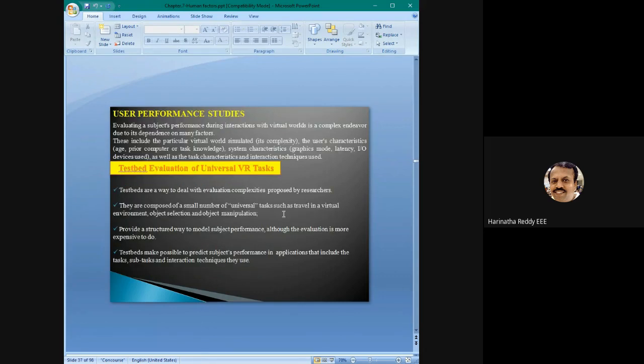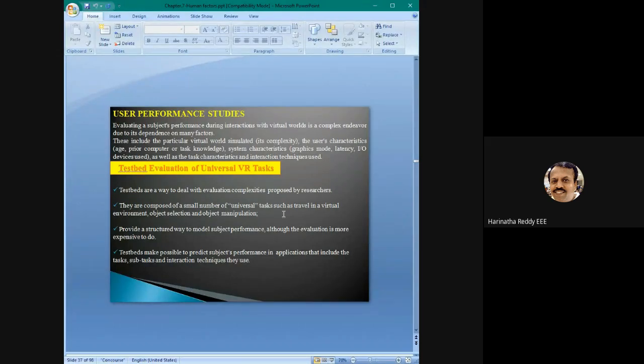Now let us discuss performance studies. Once you develop a model in virtual reality, we saw how that particular technology is used by the user, whether it is easy or difficult, which method can be seen on the monitor or on a laptop or other things like that.